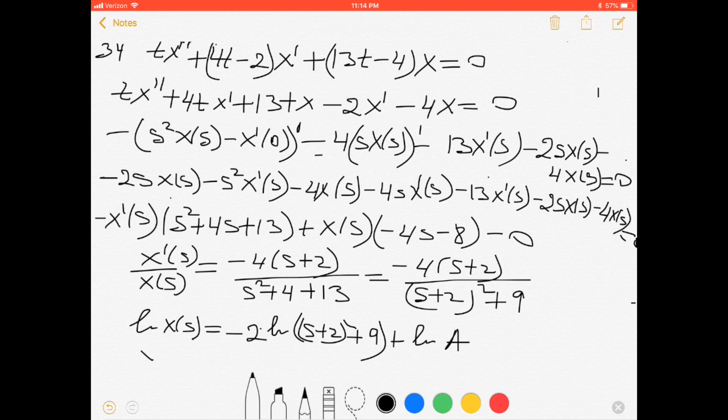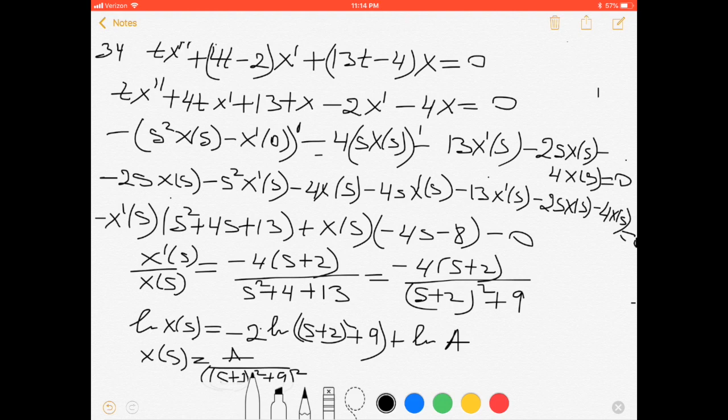This means our function x s will be a over s plus 2 square plus 9 and all of them square, and use inverse Laplace transformation for this kind of function.